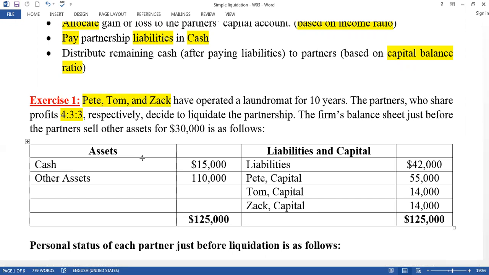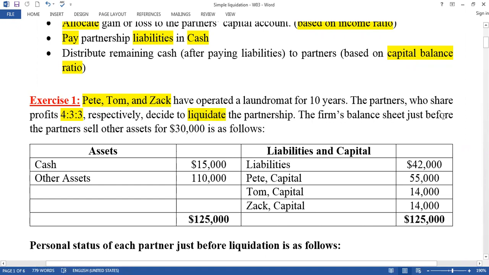Here P for 4, T for 3, and Z for 3. The partners decided to liquidate their business. That means they decided not to continue the business. Okay, they are not happy with their business maybe, so they have to liquidate anyway. So today they are going to liquidate.